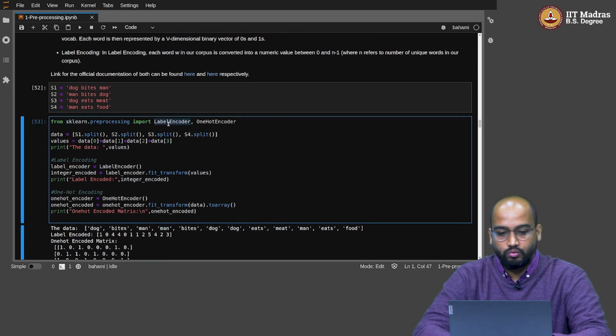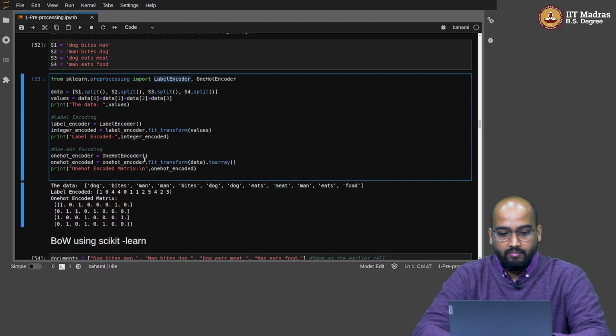So we are looking at two functions here: label encoder and one hot encoder. Label encoder is basically giving an ID to each of the unique tokens in your corpus.